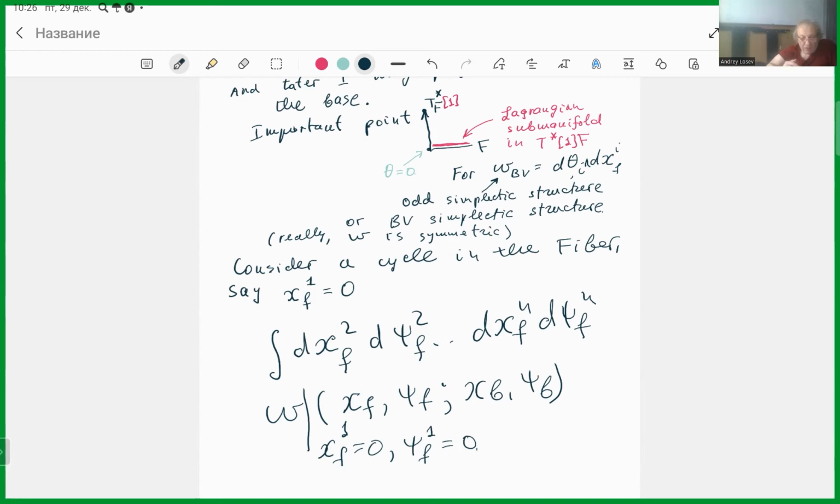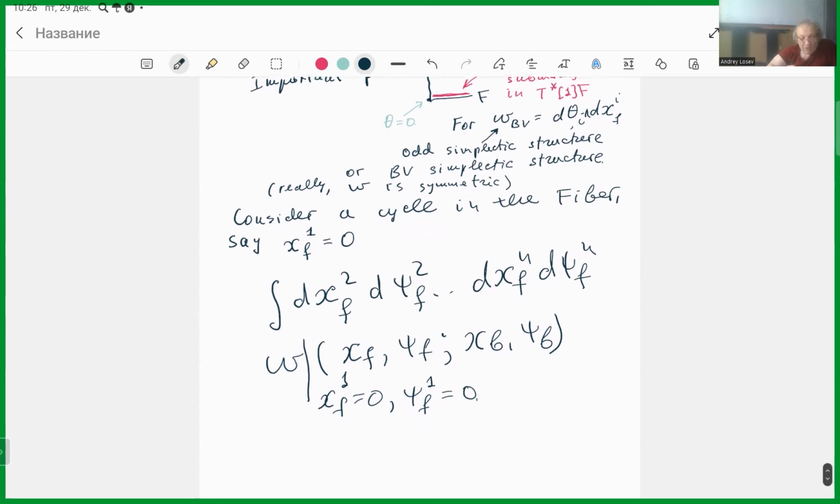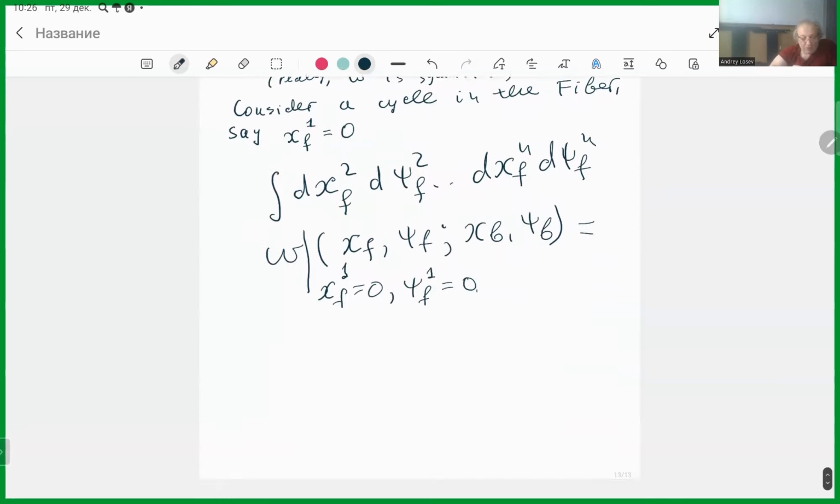And now I would like to understand it in terms of the polyvector. So in order to get it in terms of polyvector, I can do the following.